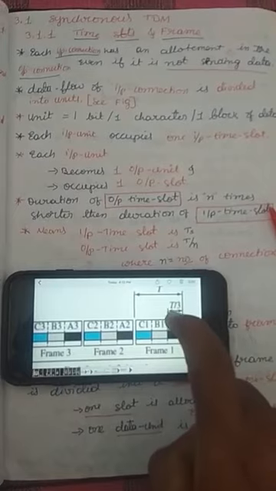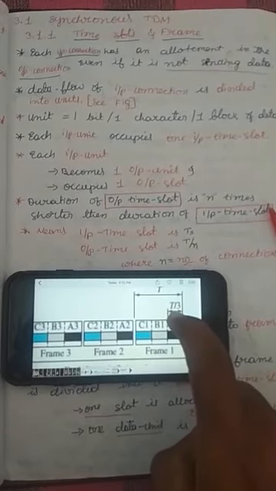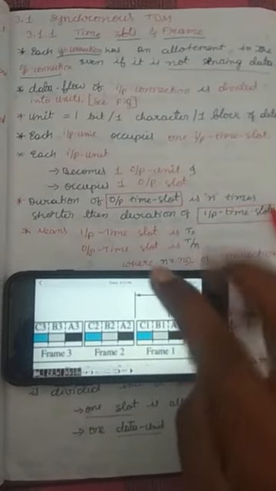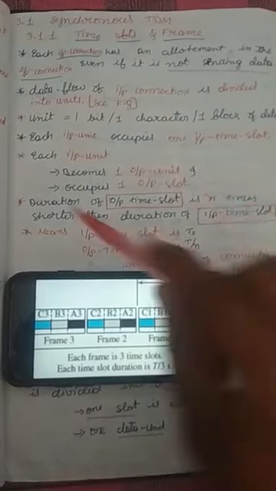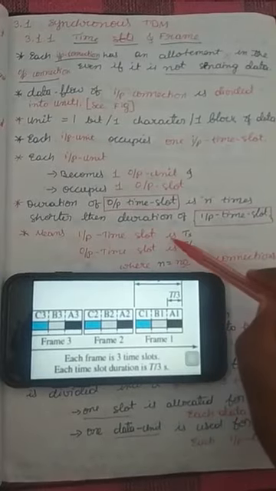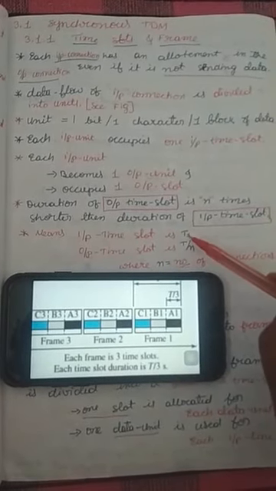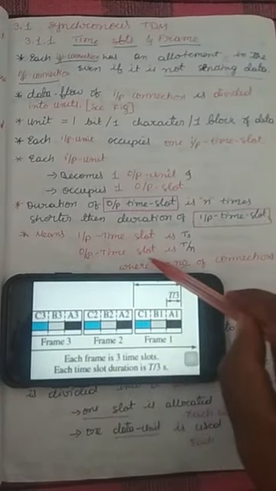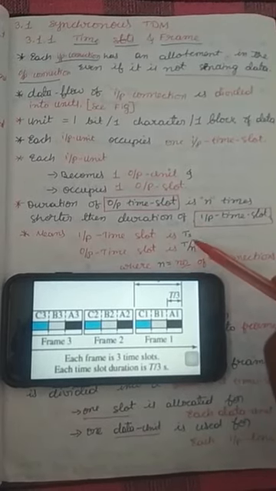So T is divided by 3. This means the input time slot is T and the output time slot is T by n.